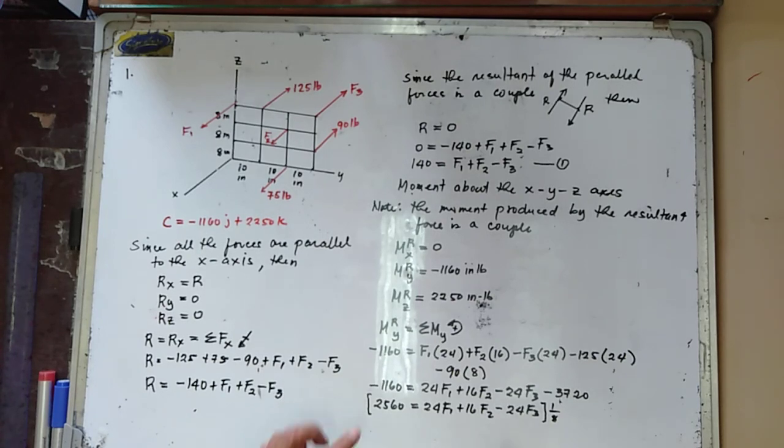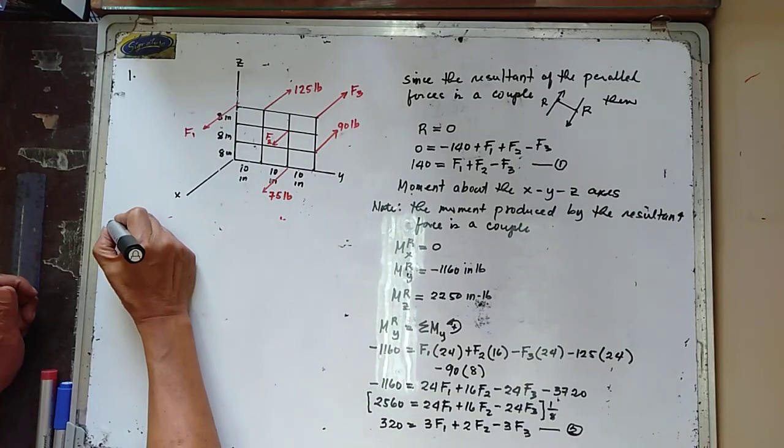So 2560 all over 8 is equal to 320. 24 over 8, we have 3F1 plus 16 all over 8 is 2F2. 24 over 8 is minus 3F3. So I'm going to consider this one as the second equation.